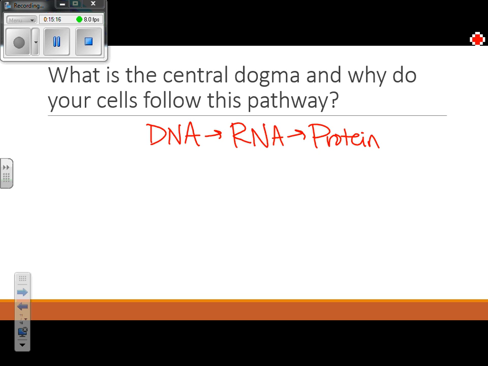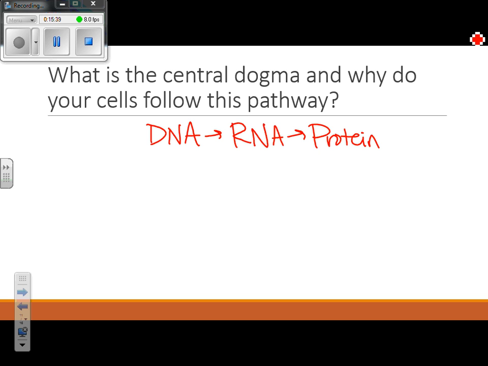Translation is when we take RNA and turn it into a protein. Now, the protein is the language that your cells understand. It's the language of the message. But your RNA has to be translated into protein for your cells to understand that message. So this is the process of translation.